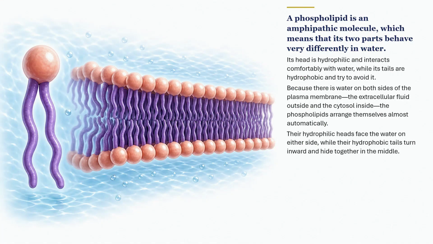Their hydrophilic heads face the water on either side, while their hydrophobic tails turn inward and hide together in the middle. The result is a double layer of phospholipids, a bilayer with water-facing surfaces and an oily hydrophobic core.